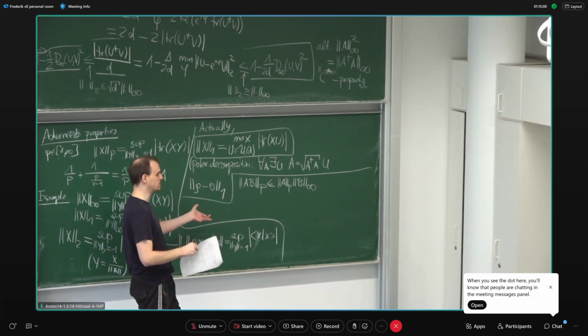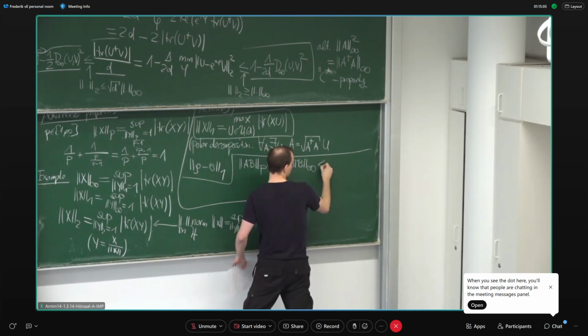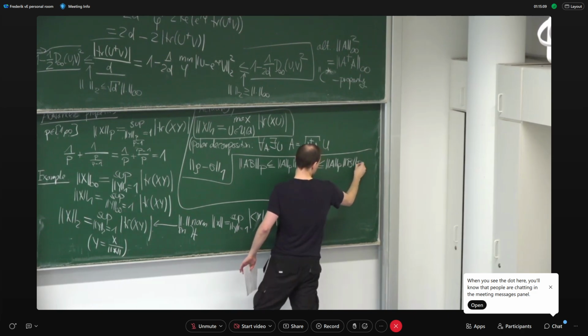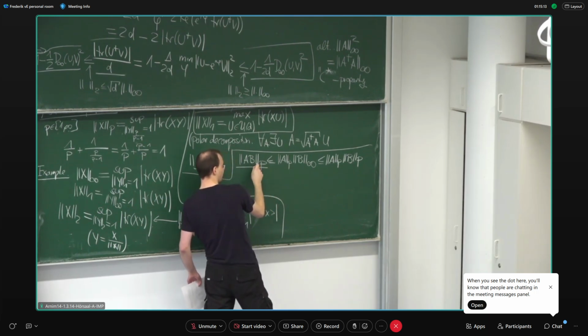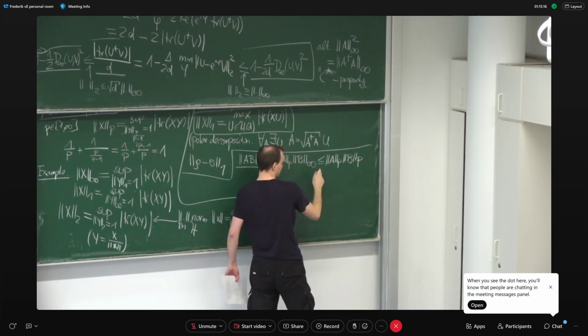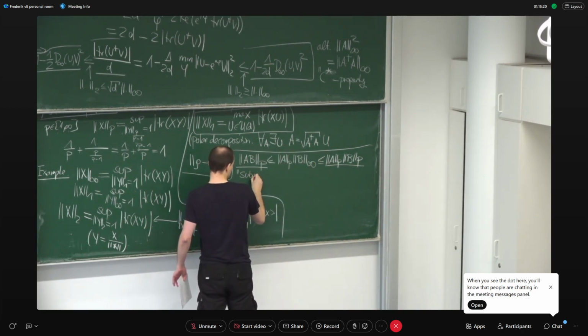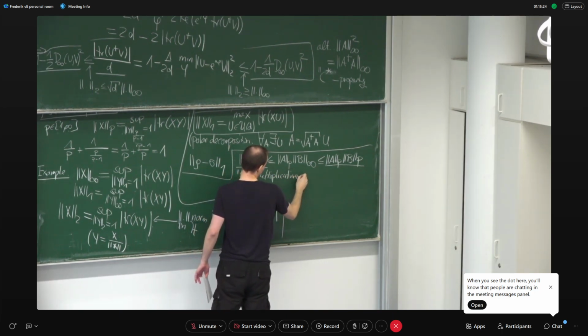And now the operator norm is the smallest one, so we can upper bound this again by the P norm. This property, that the norm of the product does not exceed the product of the norms, is called submultiplicative.